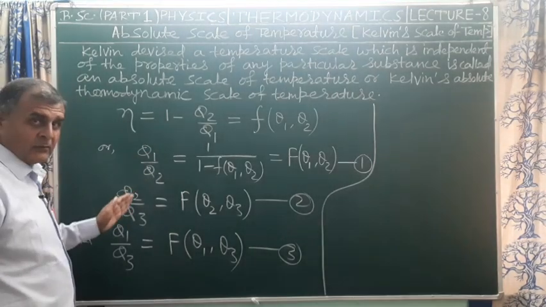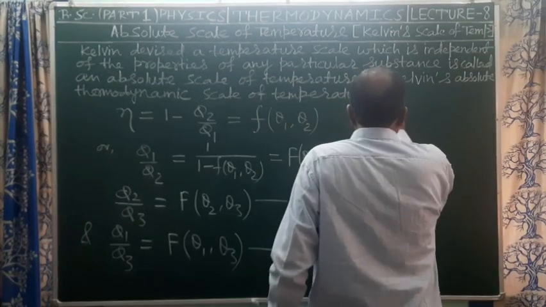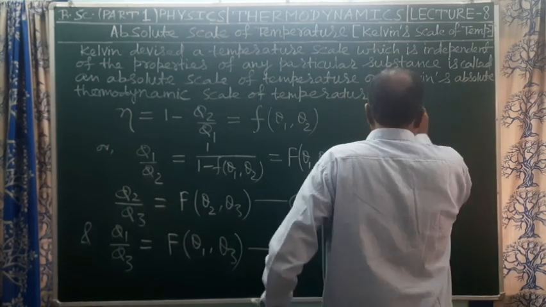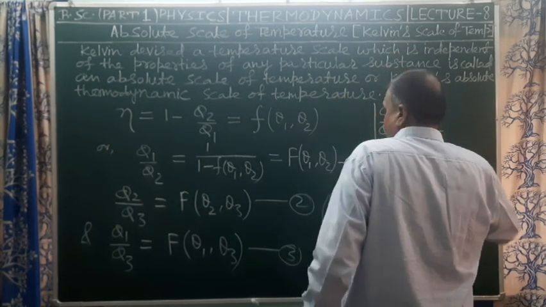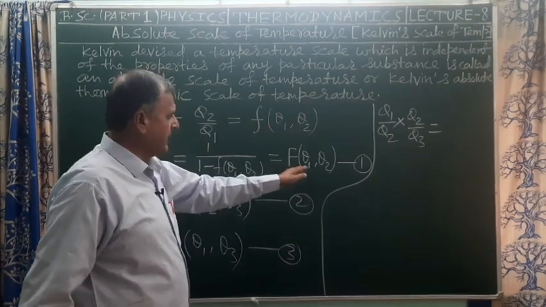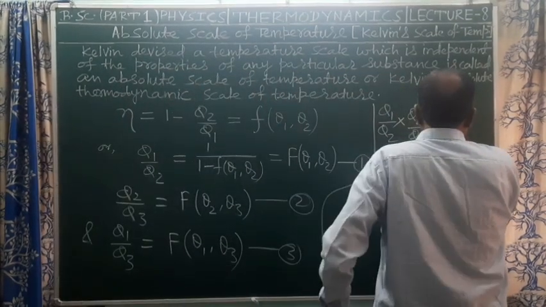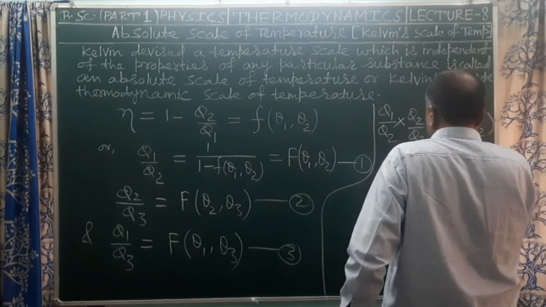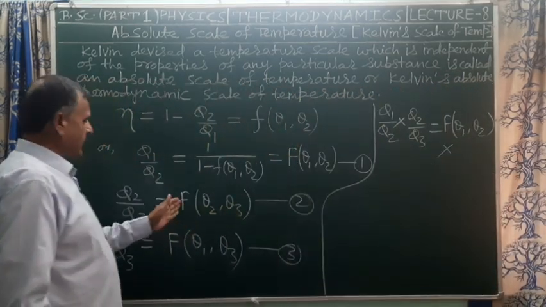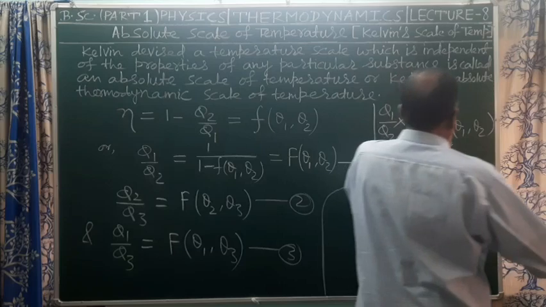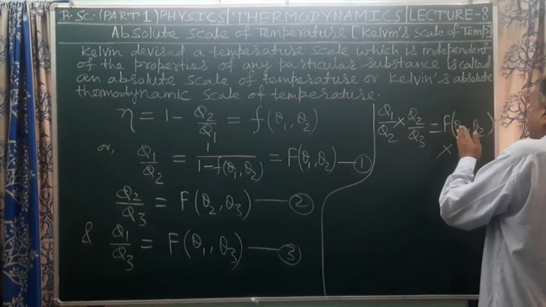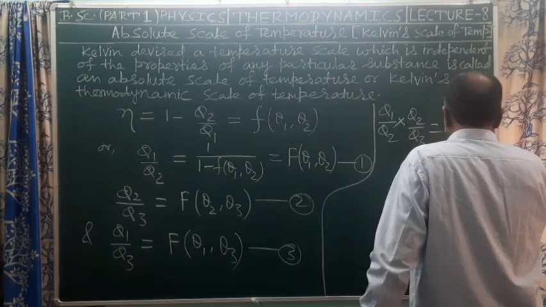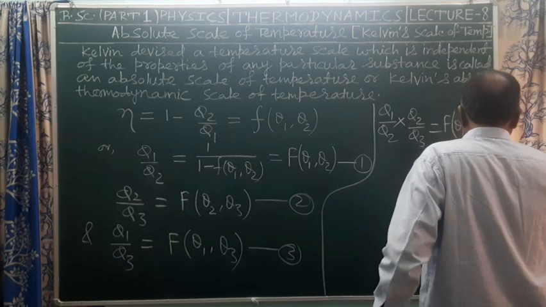Multiplying LHS of both equations, we have Q1 upon Q2 multiplied by Q2 upon Q3, and RHS of equation 1 is capital F theta 1, theta 2, multiplied by RHS of equation 2, which is capital F theta 2, theta 3.